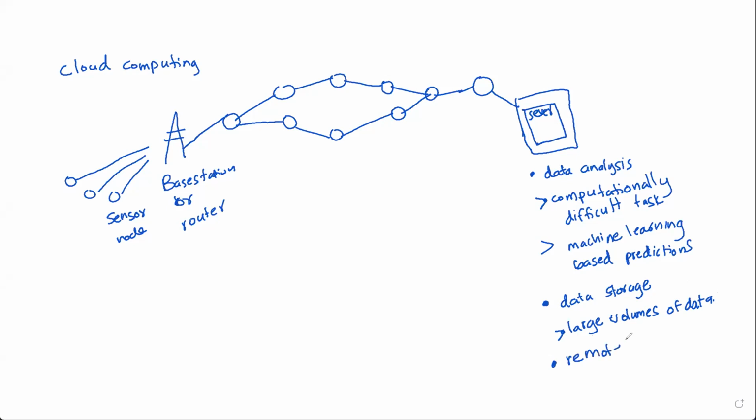Another application of cloud computing is remote monitoring. Since we are storing our data in a cloud server, which is connected to the internet, we, as a customer or a manager of the IoT network, can access that network through our devices, which are connected to the internet.